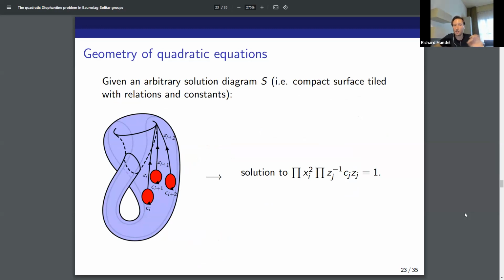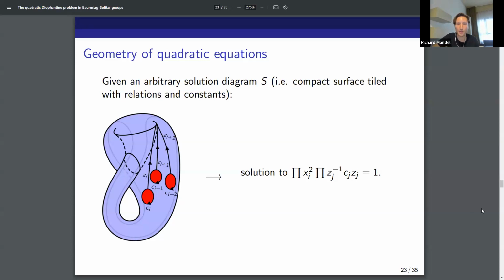So we just have 2-cells labeled by constants in the group, and the rest of the surface is tessellated with these relations. You simply cut the surface in a nice way, and you're going to get an equation. So the surface actually gives you a solution to some quadratic equation. Okay, next slide.